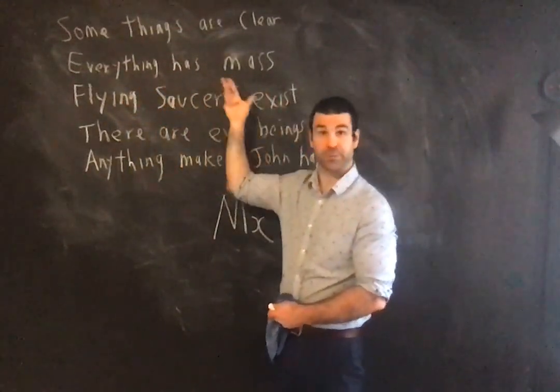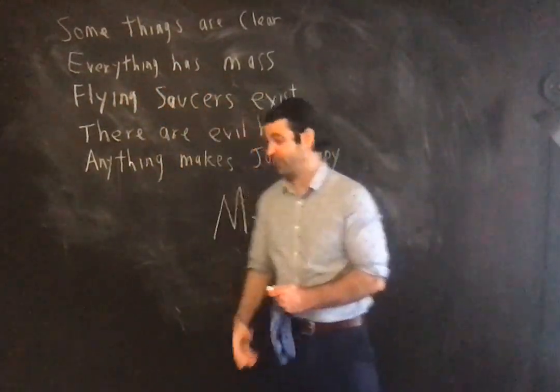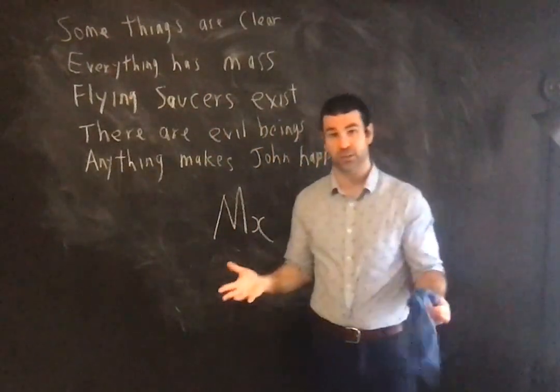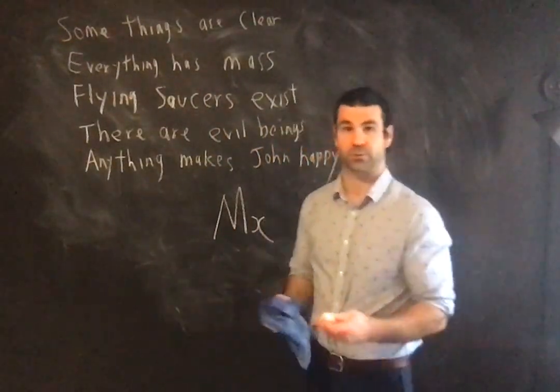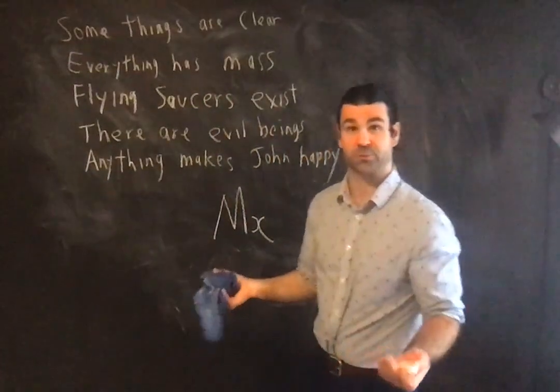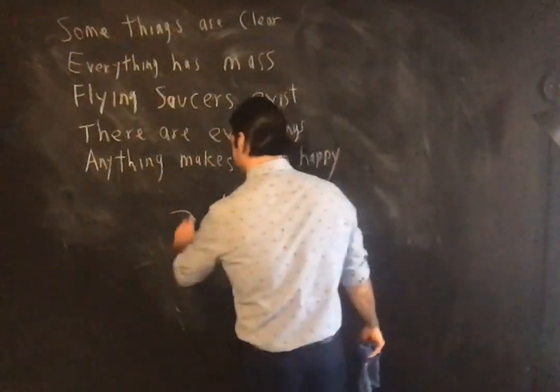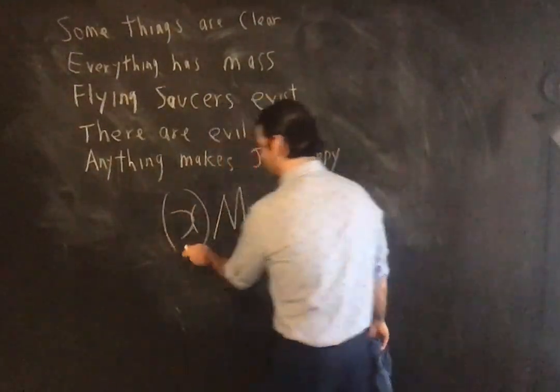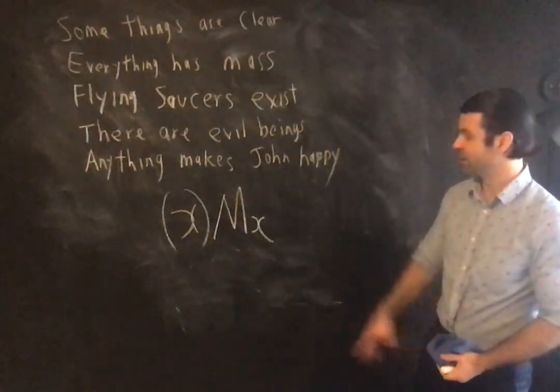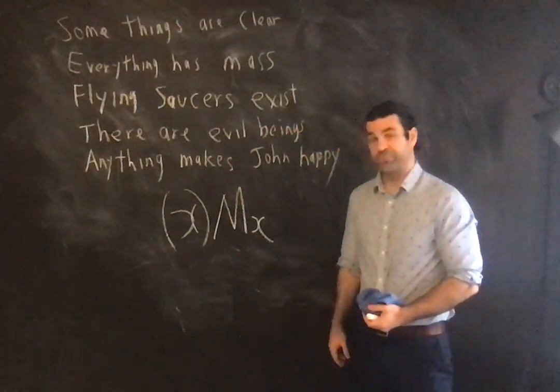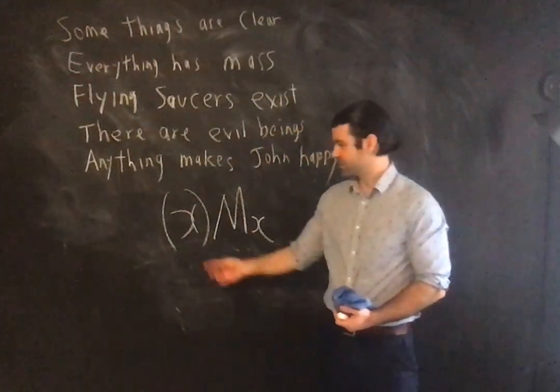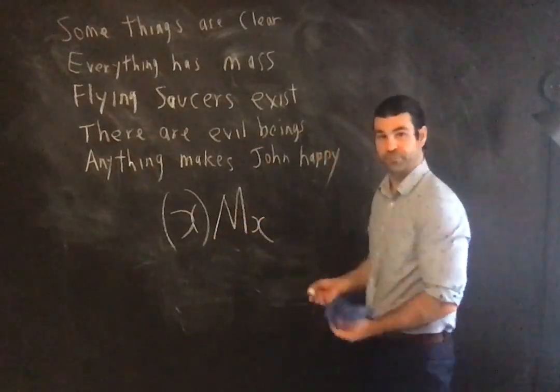It's a universal statement because it is saying that the propositional function, x has mass, is true of all things. That's what a universal statement does. It says the propositional function is true of all things. So symbolization is simply the universal quantifier annexed to the propositional function. You read this as, for all x, x has mass.